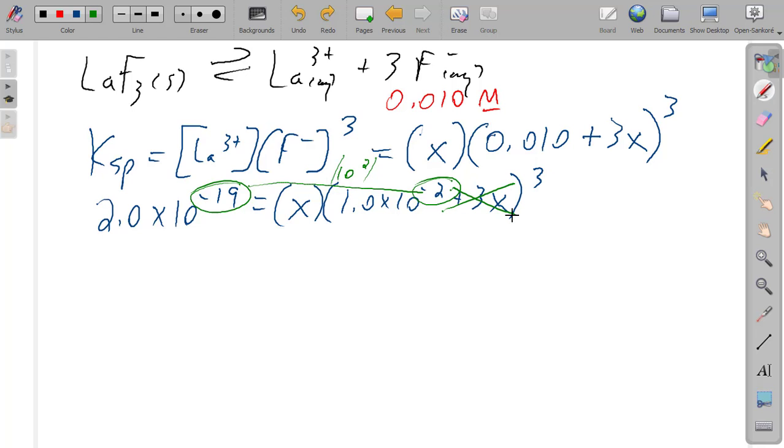So all of a sudden, our equation becomes 2.0 times 10 to the minus 19th equals x times 0.010 cubed. Because we can forget about the plus 3x now. Because that plus 3x is so negligible compared to that 0.01 molar fluoride that was dumped in that it doesn't contribute enough to make it worth all the algebra.